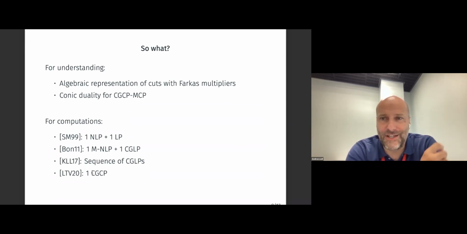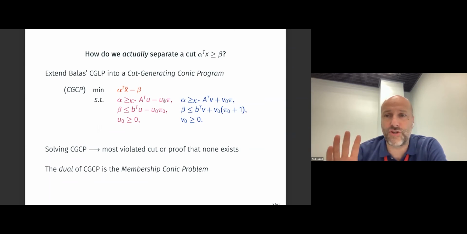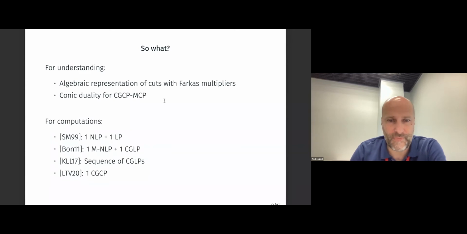By the way, I didn't say it explicitly, but it should be clear: this is a mixed integer conic problem, so I have conic constraints, but what I'm concerned with is only generating valid linear inequalities for my problem. There have been some attempts in the literature at generating nonlinear, convex inequalities for the problem, but so far, from the computational standpoint, this is what has worked the best.